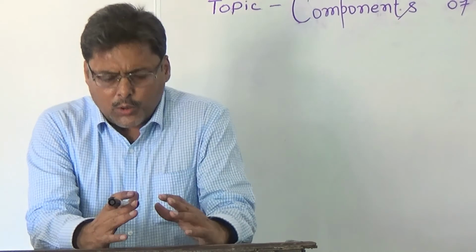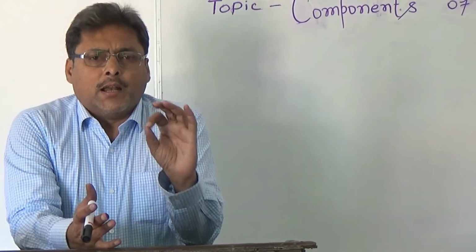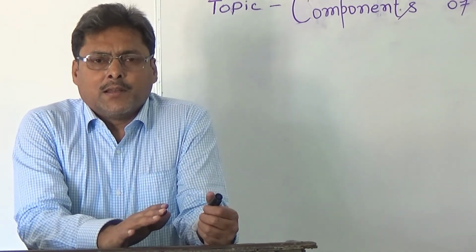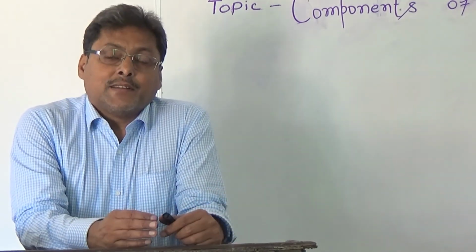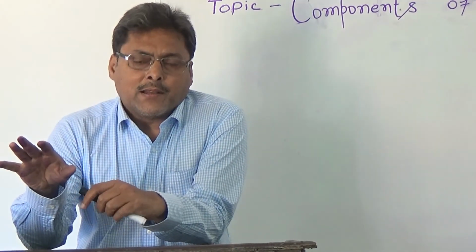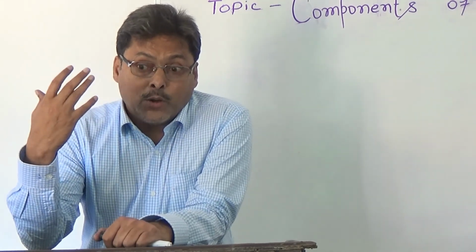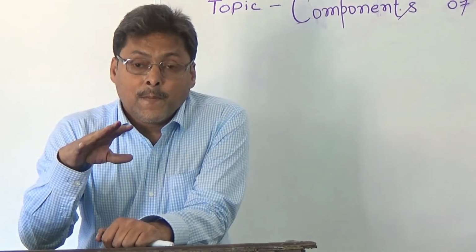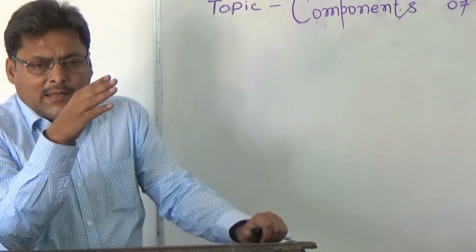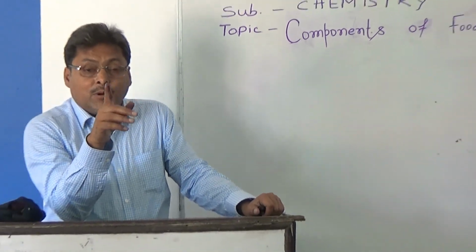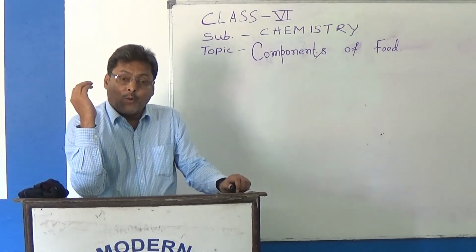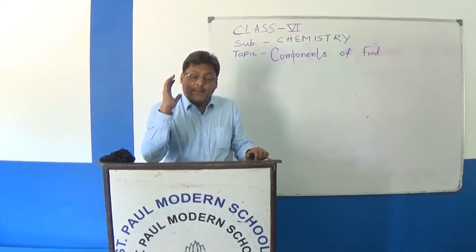So we have come almost to the conclusion of this chapter, but let us mention one more topic specially. We have already discussed the deficiency diseases, that if you don't get enough vitamins and minerals, certain diseases happen, what we call deficiency diseases. Now we'll mention specially some deficiency diseases in children, because at your age, you must be very conscious about your diet.